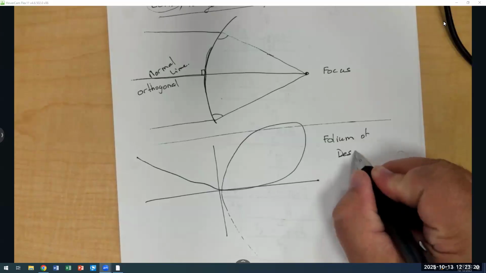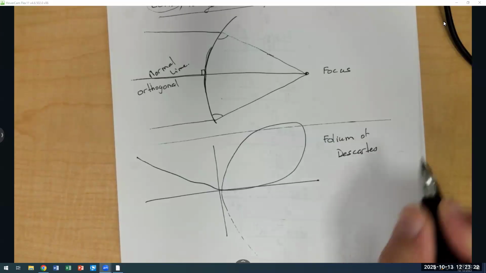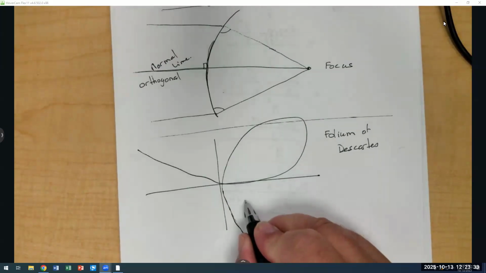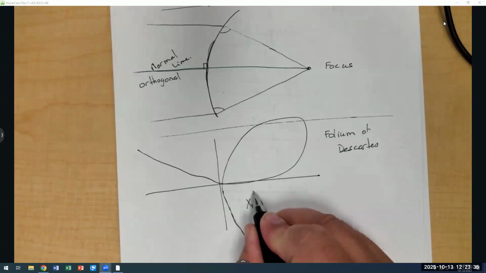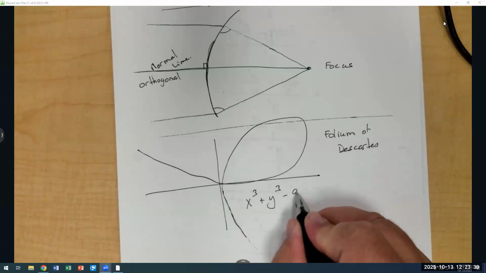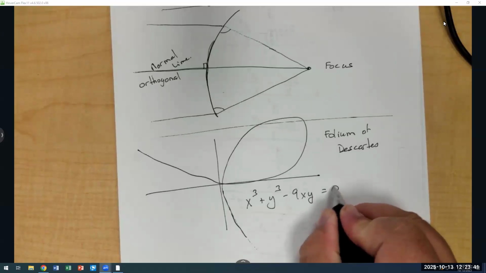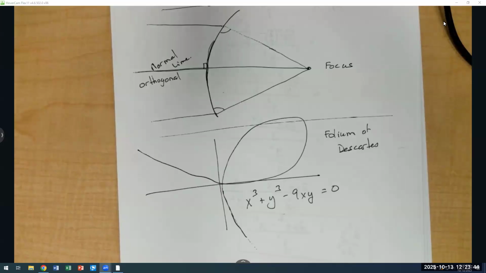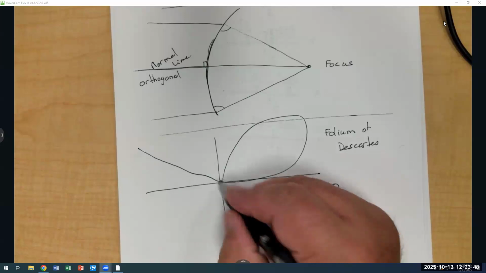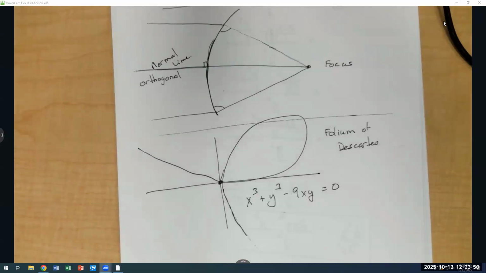This is called the folium of Descartes. Rene Descartes. That should be a continuous line. The formula for this is x cubed plus y cubed minus 9yx equals 0. And its focus of these curves is at the origin.